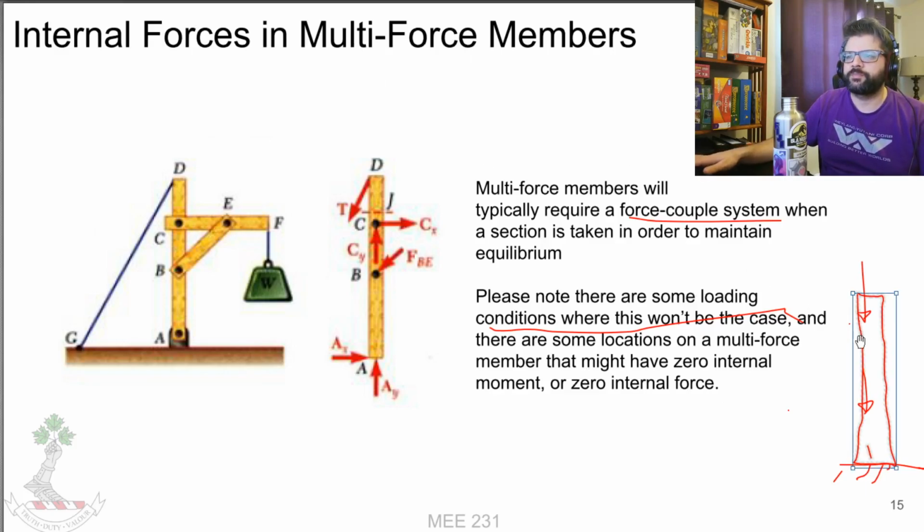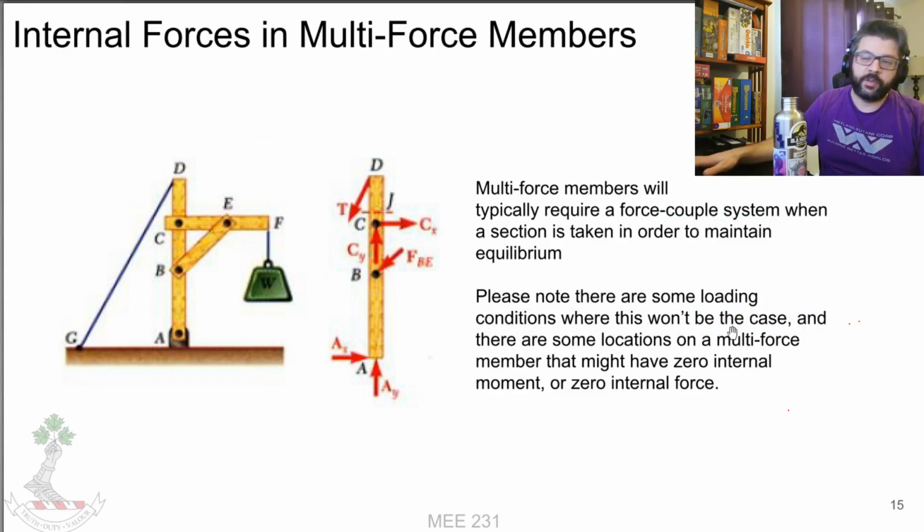And in some instances, or actually most of the time, you're going to get situations where the structure will have locations where you could take a slice and it will have zero internal moment, and it might have a zero internal force.